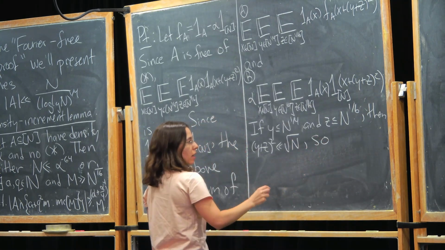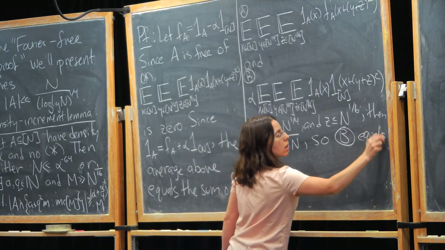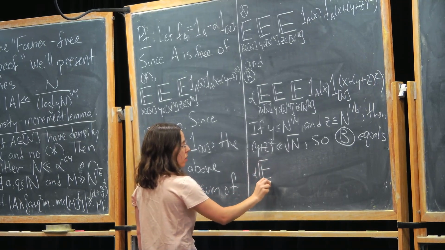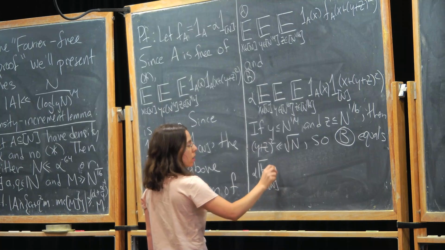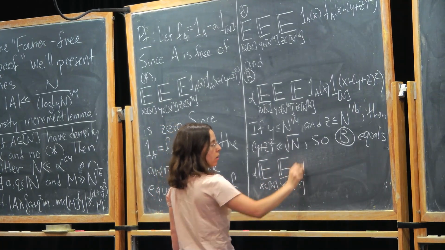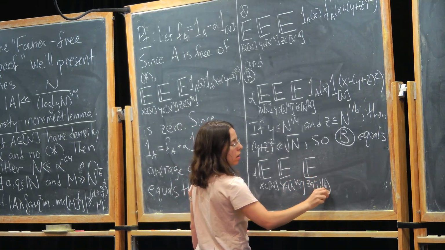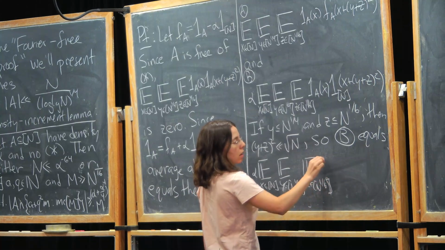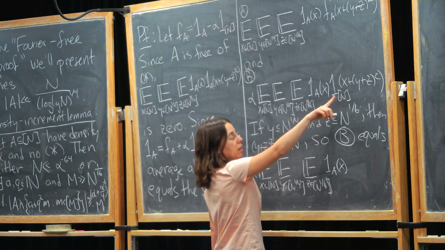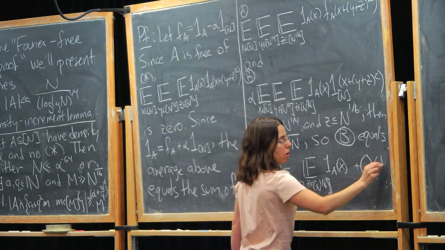So what we get is that this B equals alpha times the average over x, y and z of the indicator function of A of x, because we can replace this function with just the constant function 1 at the cost of an error of 1 over square root of n.